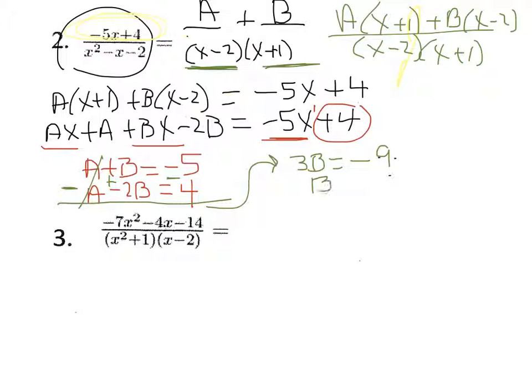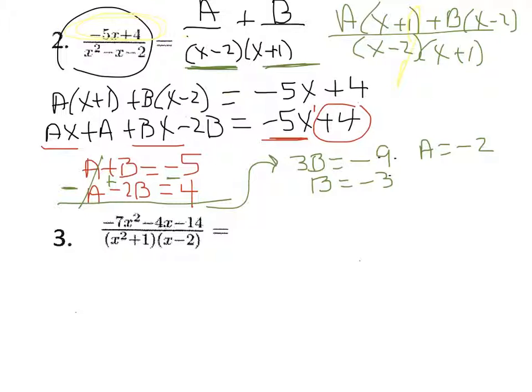So B is going to be equal to negative 3. Oh, if B is equal to negative 3, then it's really easy to see that A would have to be equal to negative 2, because negative 2 and negative 3 would have to equal negative 5. Oh, so that's our answer.